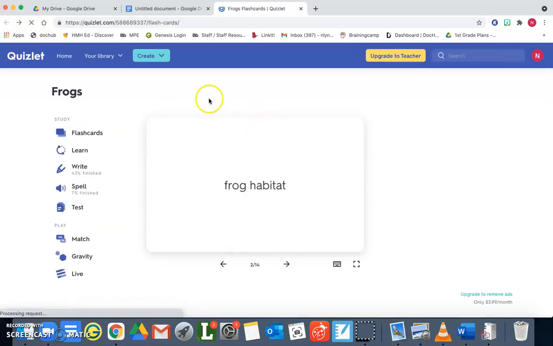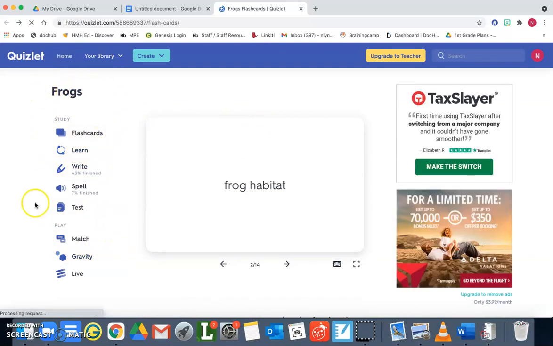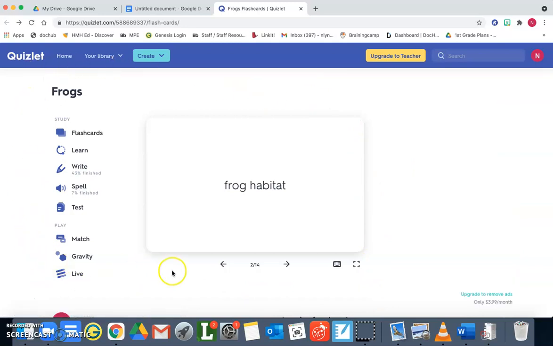So here it is. These are the different ways you can study. Really important that students learn how to study on their own without having to rely on other people to help them. And another way that they can also become more independent is not just relying on the teacher's pre-made Quizlets, but to try and create their own using their knowledge from the unit.